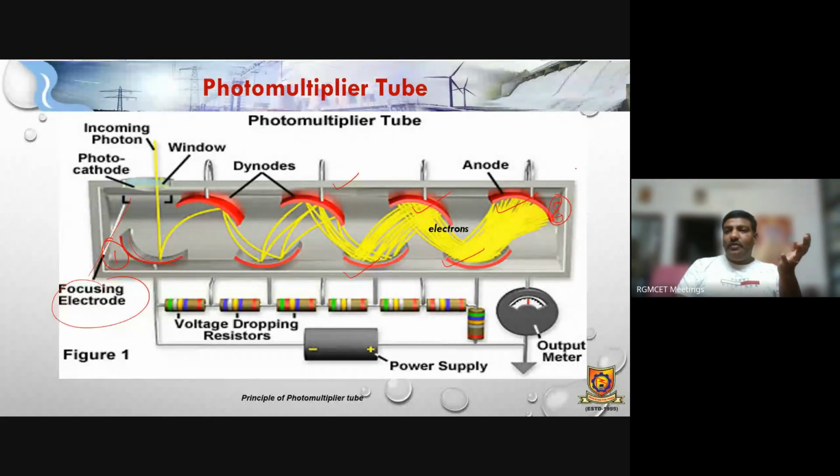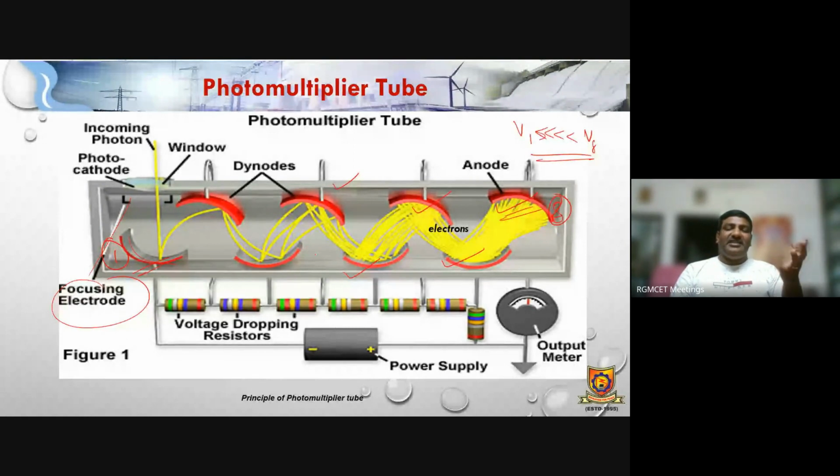V1 is the voltage at this position. Let us say at the last terminal it is V8. V8 is far greater than V1, so we have a higher voltage. As the voltage is high, more attraction of the electrons takes place.